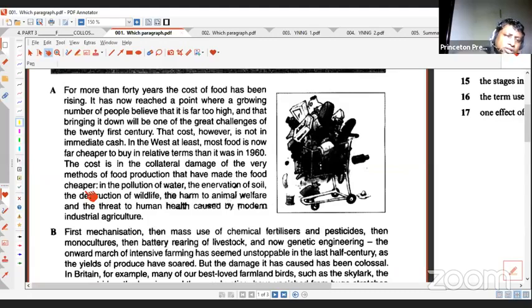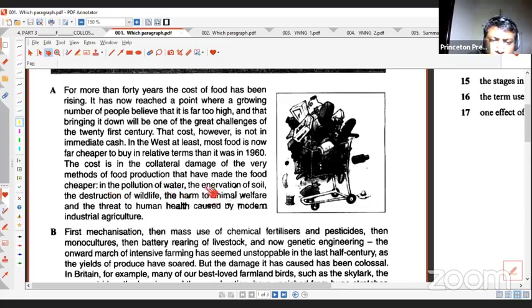So while we are trying to make it cheaper, what's happening? The cost of damaging the environment is very high, so we have to add it to the cost of food. Then literally the cost of food is increasing.